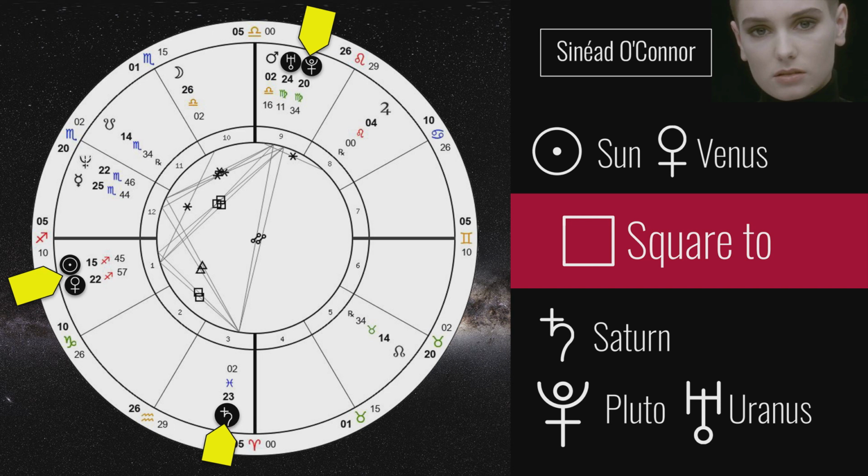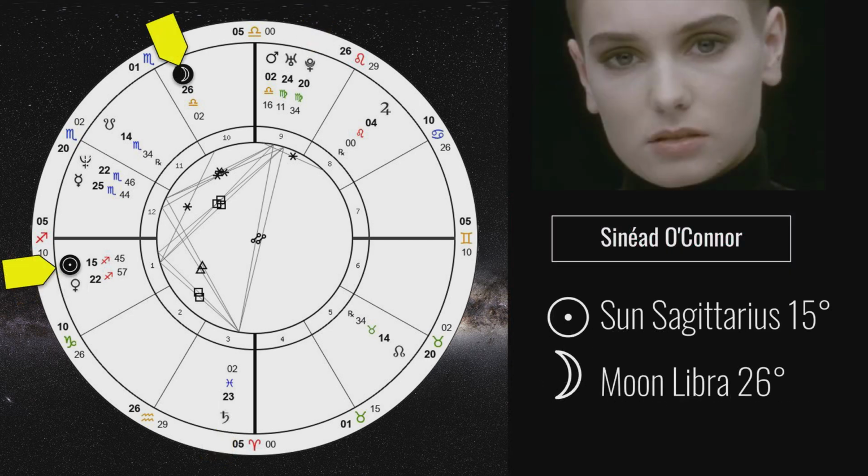But in the beginning, I don't recommend trying to go into the difference between a square and an opposition. It's just easier to think, okay, these planets are linked. And in general, when you're looking at the birth chart, perhaps the first place to start would be to look at aspects to the sun and the moon.